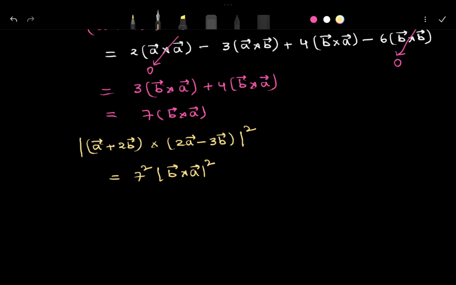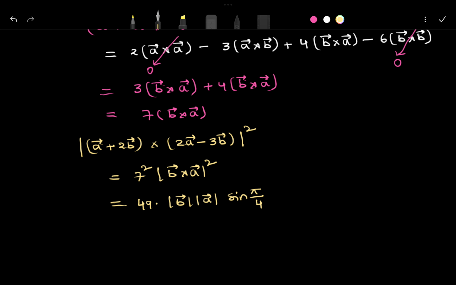Now what is the modulus of B cross A? That will be equal to the modulus of B into the modulus of A into sine of the angle between B and A. The angle between A and B and the angle between B and A is the same, so you can write sine of pi by 4.